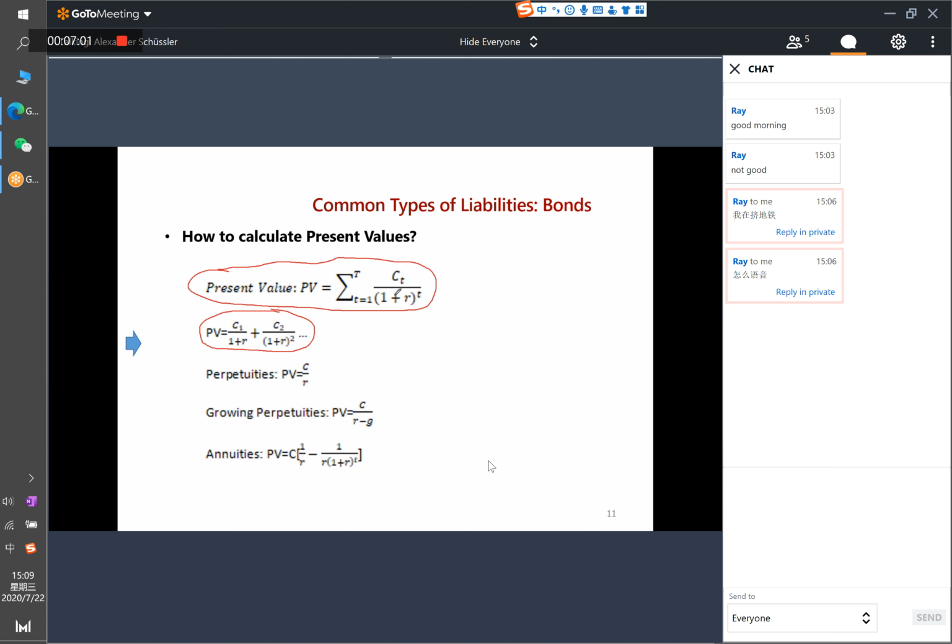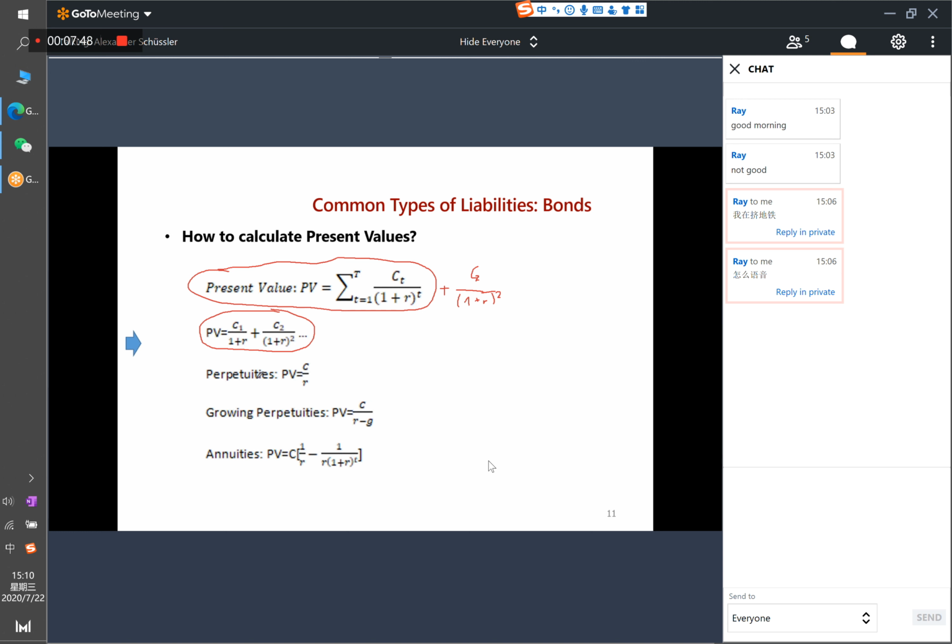You start with C1 divided by 1 plus R to the power of 1, and then you take C2 divided by 1 plus R to the power of 2 when we're in year 2, and so on. So essentially, these two are the same.